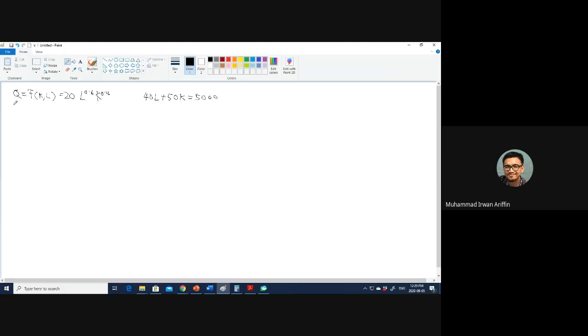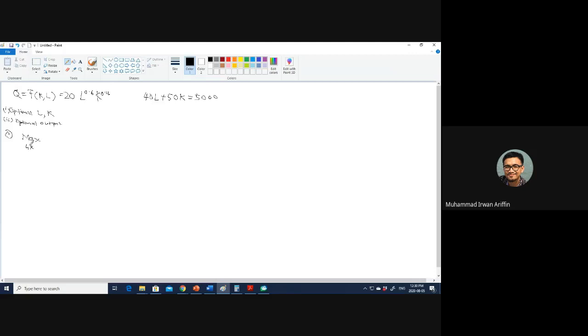So the question asks for basically the optimal. There are two questions: the optimal L and K, and then what is the optimal output? Let's try to follow the procedures that we have discussed before. Step number 1, we simply summarize the information. Maximize.